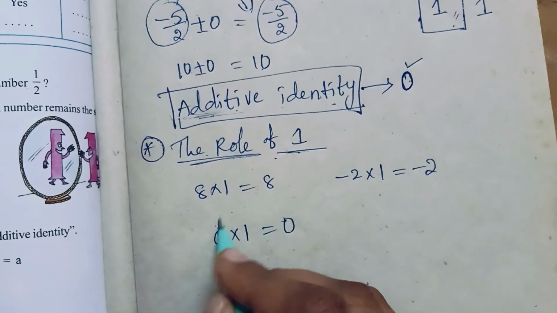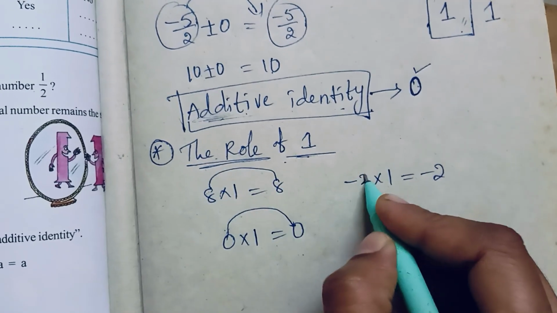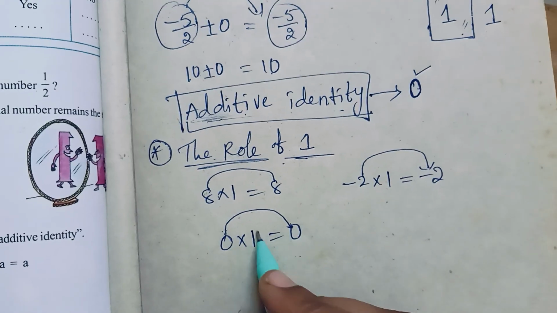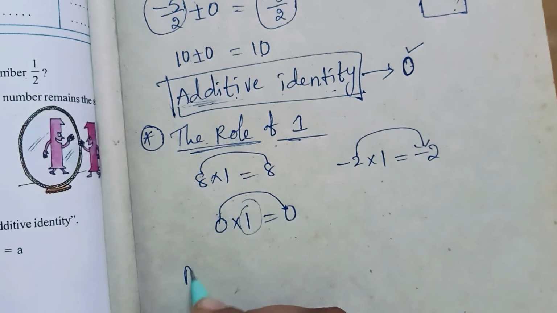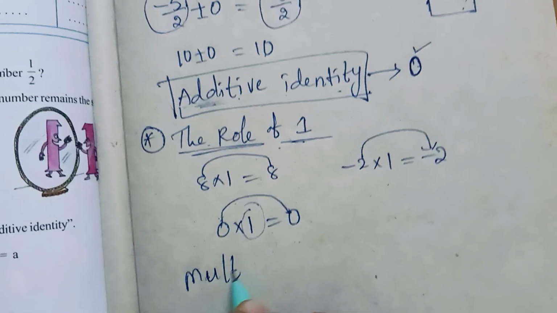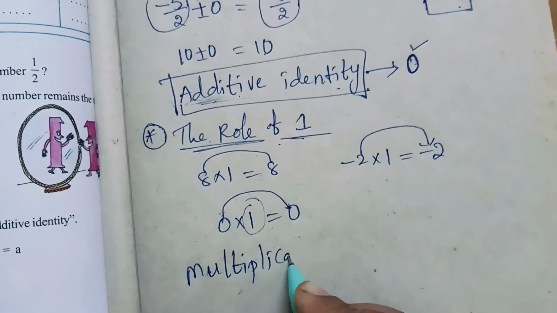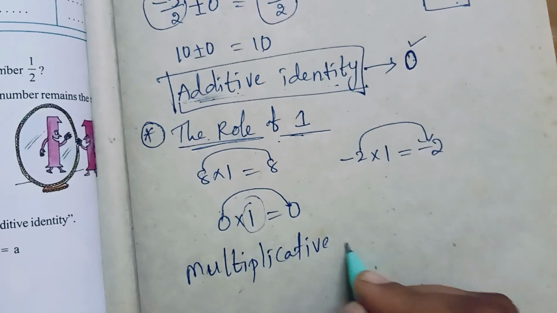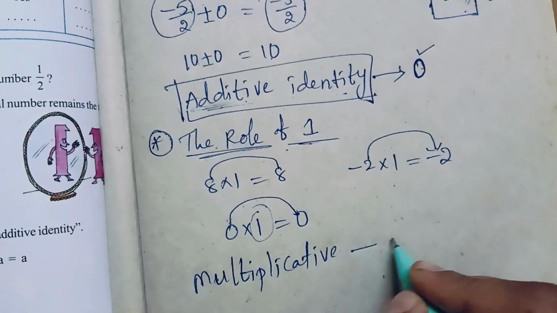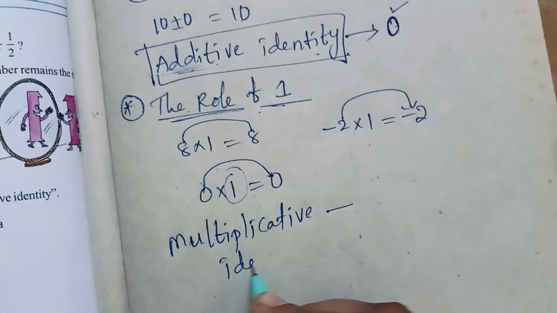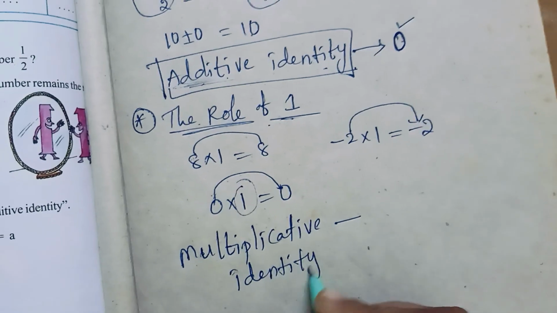So the same number you are getting. So that's why multiplicative identity is 1.